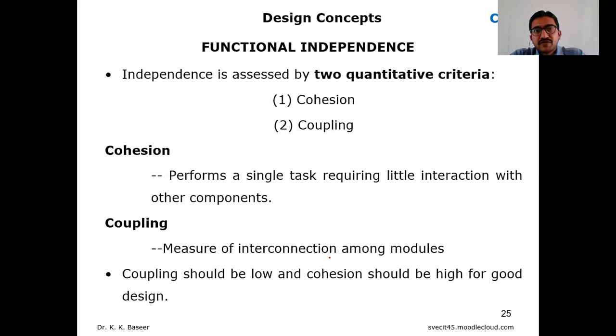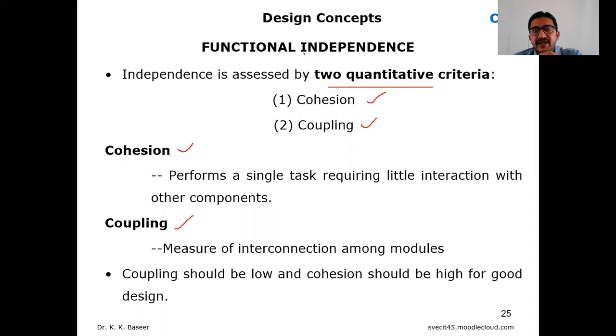If you go into detail about functional independence, this independence can be assessed by two quantitative criteria. One is cohesion and another is coupling. This is a GATE question, or for any other competitive examination. Cohesion and coupling. Cohesion is a very low interaction between the modules, whereas a high interaction between the modules is called coupling.